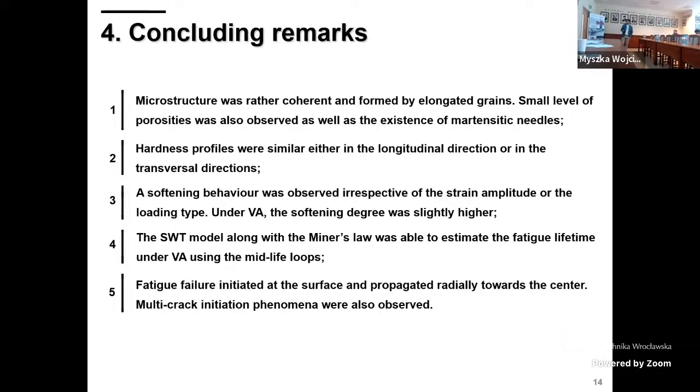We have found a typical softening behavior, irrespective of the strain amplitude or the loading type, and we can conclude that the SWT model, along with Miner's law, is able to estimate the fatigue lifetime under variable amplitude loading. Regarding the failure mechanisms, we have found multi-crack initiation phenomena, and the failure was initiated from cracks located at the surface of the specimens.